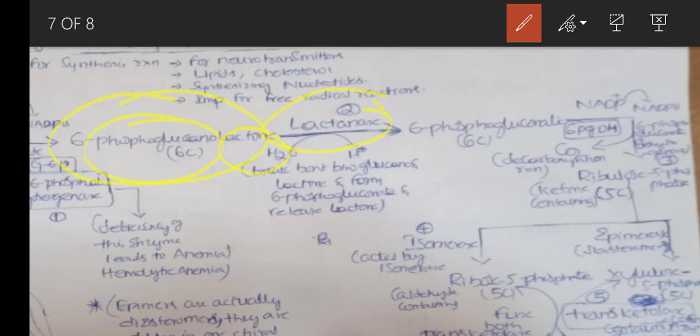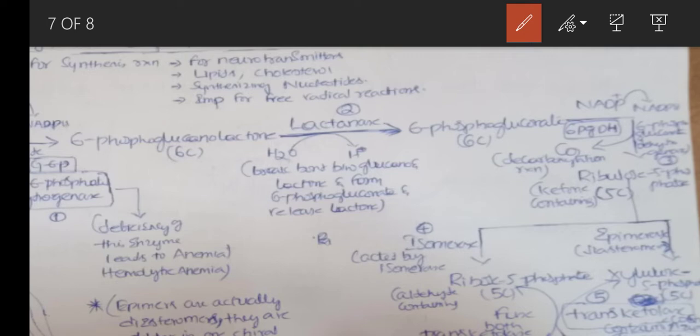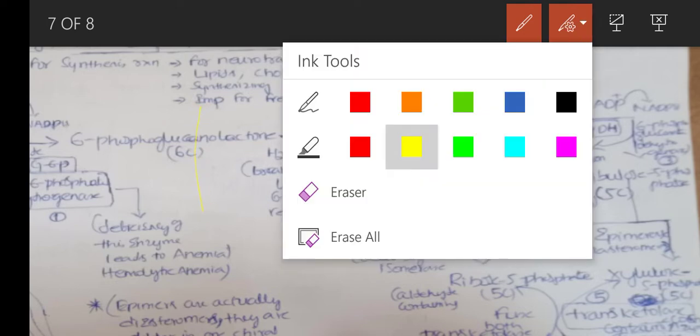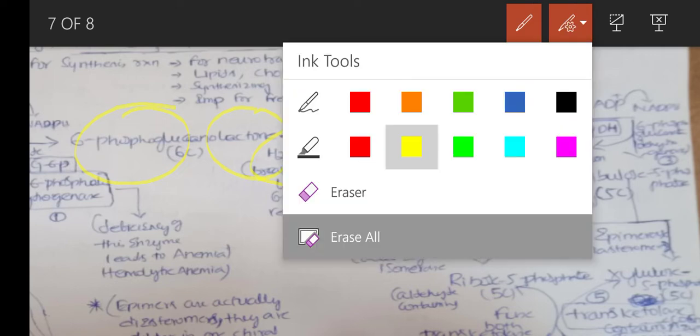This is actually a hydrolysis step, where the gluconate part and the lactone part will be separated by the enzyme lactonase. The water will be added here, and in the presence of water the gluconate and lactone will be separated. So we will get 6-phosphogluconate.